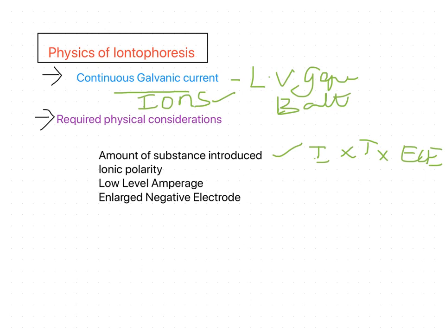Here I is the intensity of the current in amperes, T is the time in hours, and EC is the electrochemical equivalence of the substance.